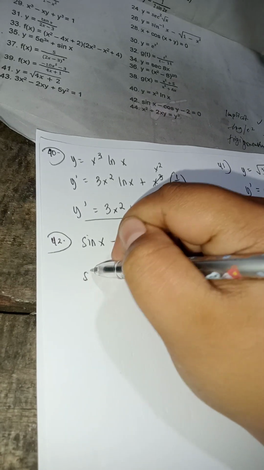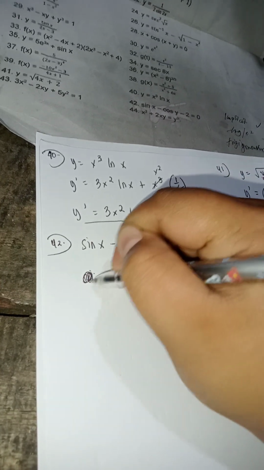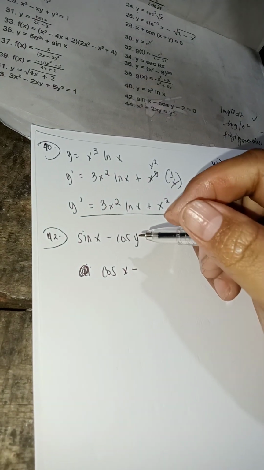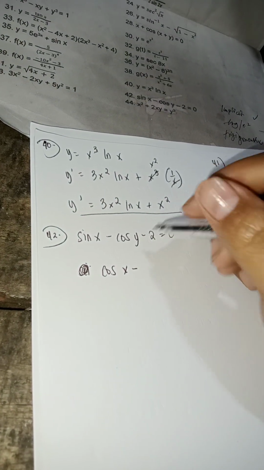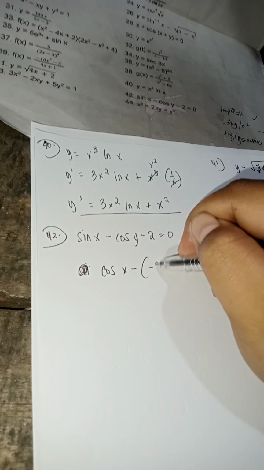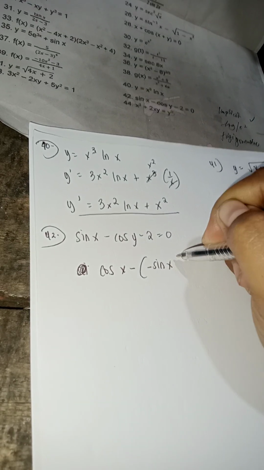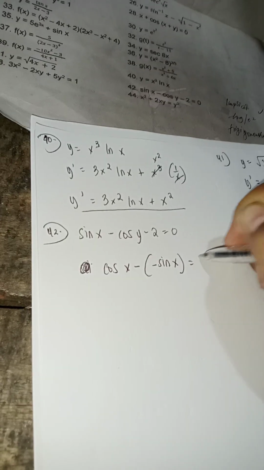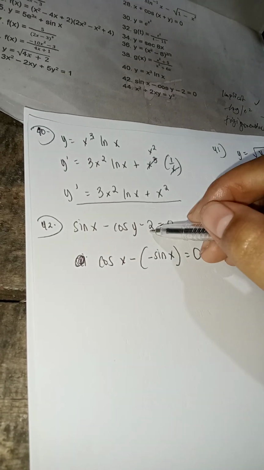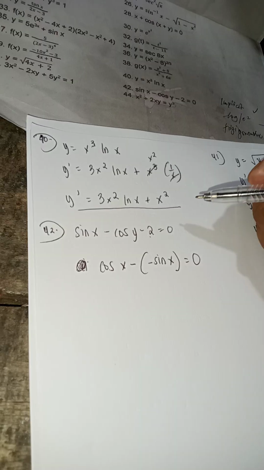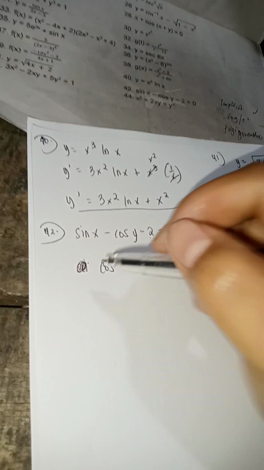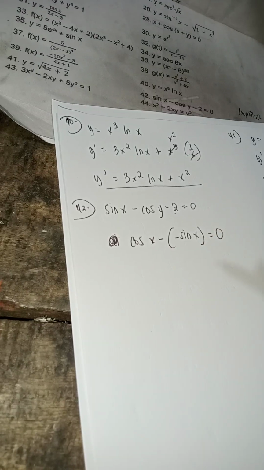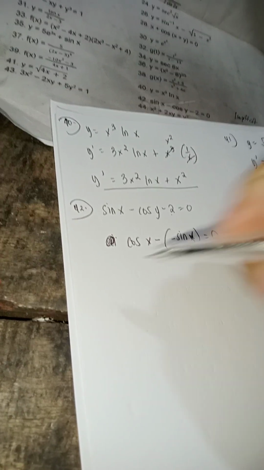So, the derivative of sin x is cos x minus the derivative of cos y, which is negative sin y, and the derivative of the constant is 0.